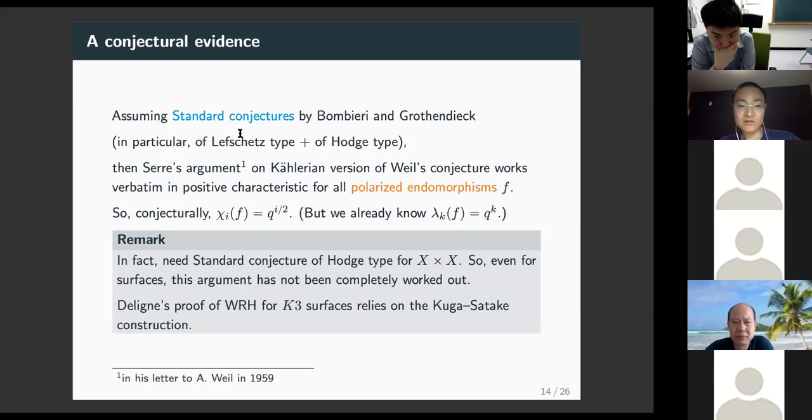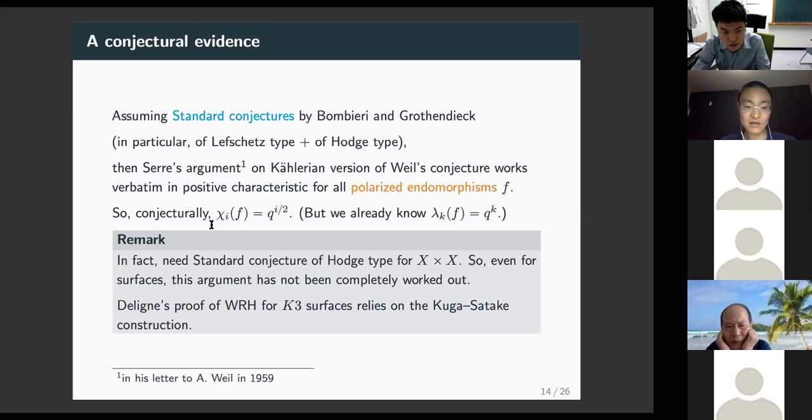Actually, these two conjectures are proposed to generalize Serre's argument to positive characteristic. So Serre's argument is for compact Kahler manifolds, so it works only over C. And if you assume these two conjectures, then it works for any arbitrary positive characteristic field. But we don't know the two conjectures so far.